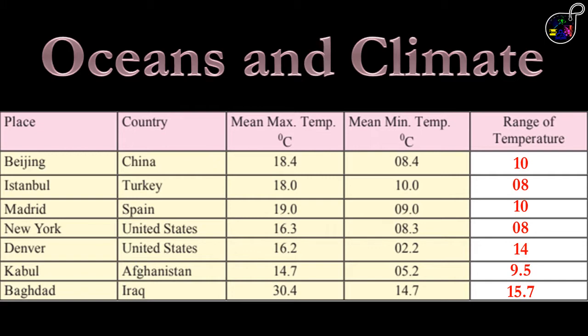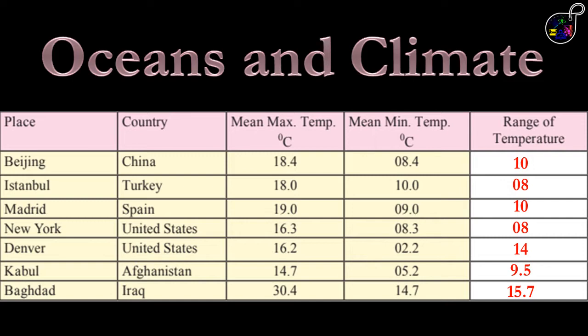So that means the range of temperature is calculated by deducting the minimum temperature from the maximum temperature. So you must have got an idea of how the range of temperature is calculated.